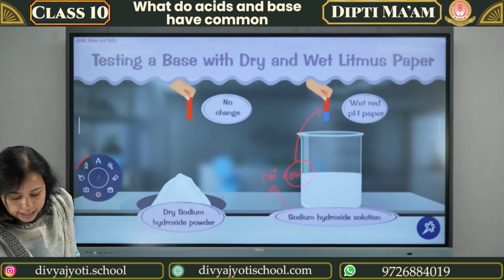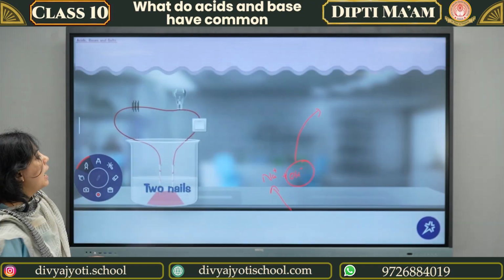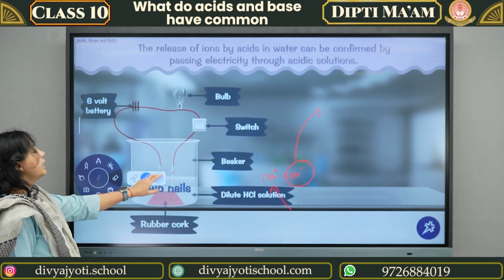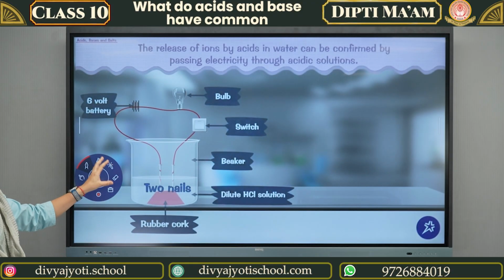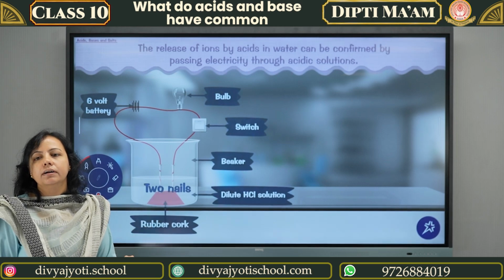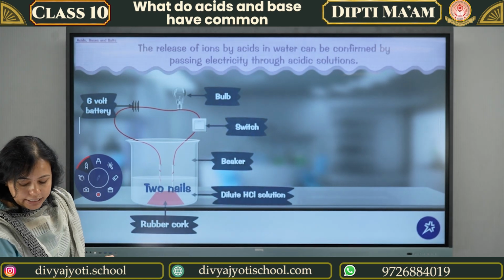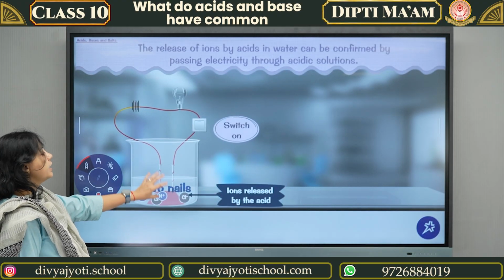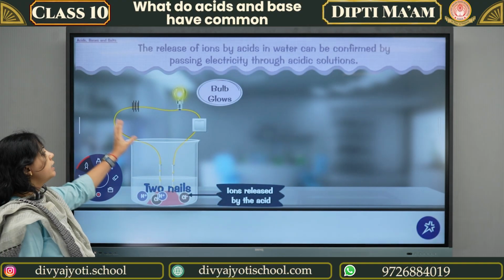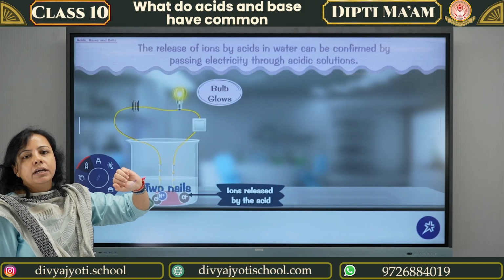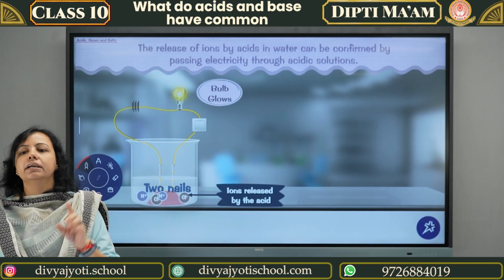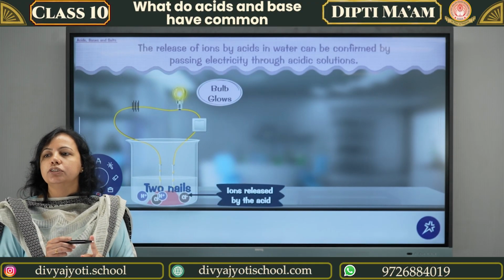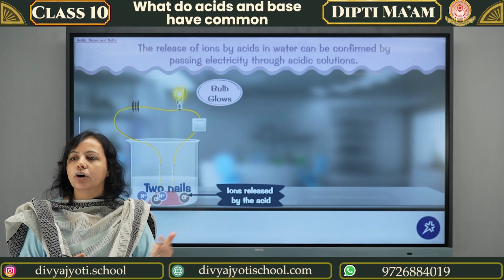If you take an acidic solution, an alcoholic solution, and a glucose solution, in which solution will the bulb glow? When the acid is present in the beaker, the acid is converted into H+ and Cl- ions, and only then the bulb glows. If you take the alcoholic or glucose solution, the bulb does not glow.